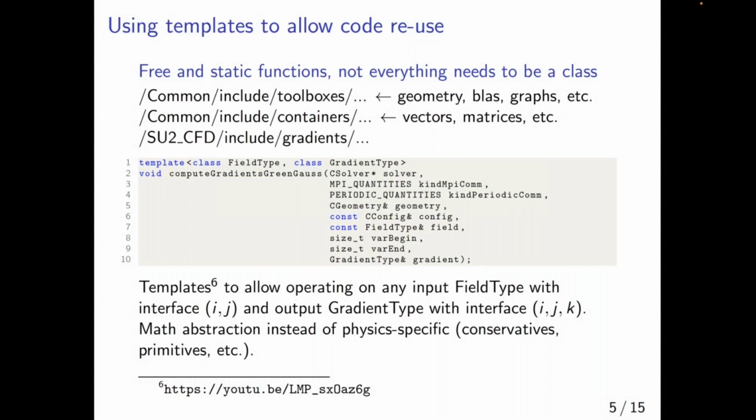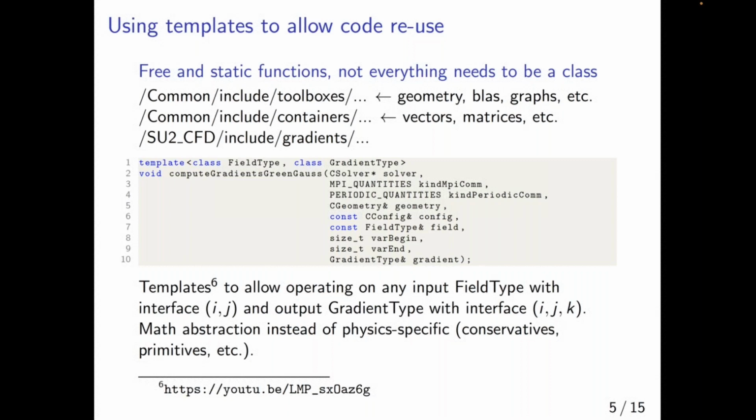It's okay to start with compute solution gradients, but as soon as you need the primitive gradients, now you should refactor things out and just, okay, compute gradients, and it operates on any field, and the field in this sense is just a 2D matrix or a 2D array, and it outputs a gradient type, and that is just a 3D array.